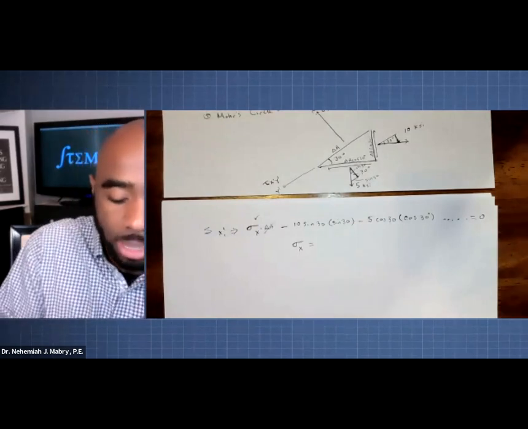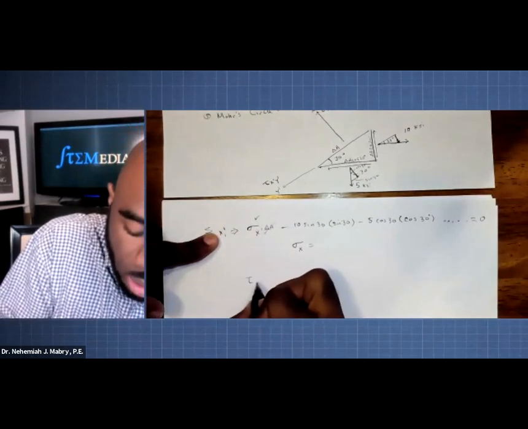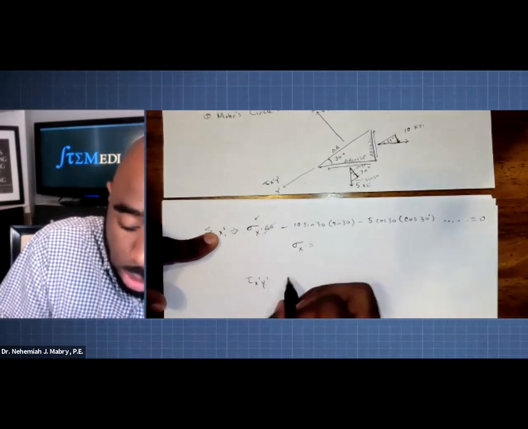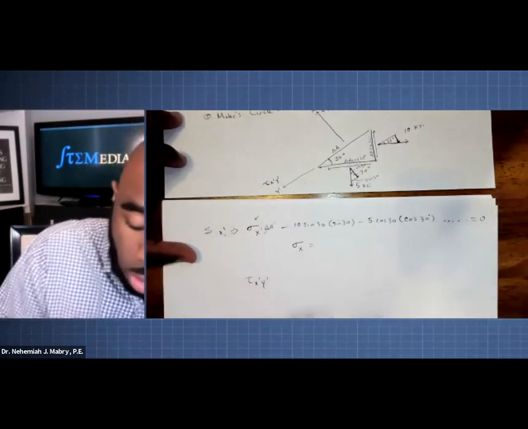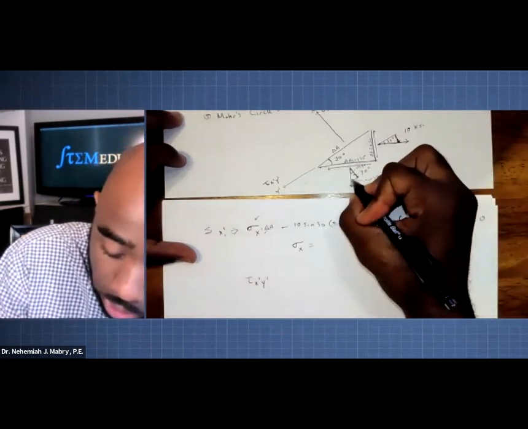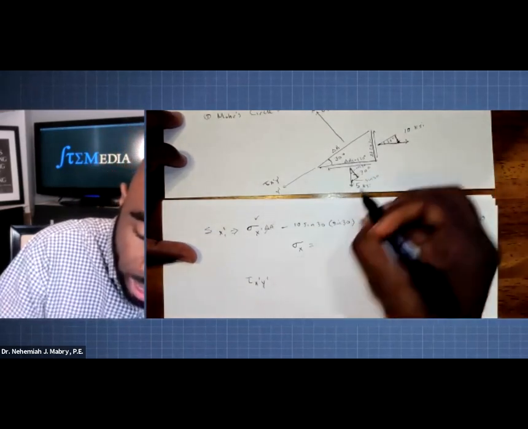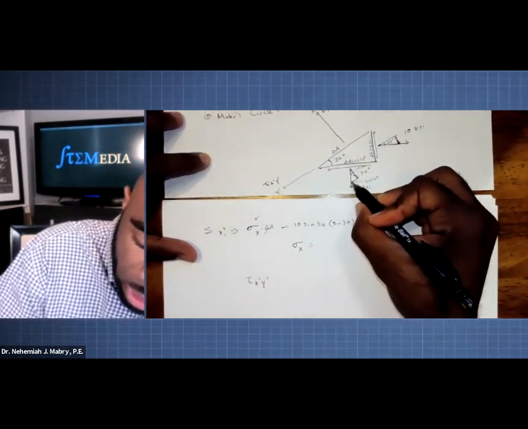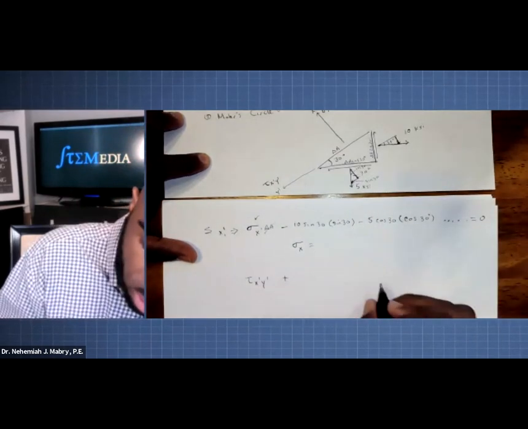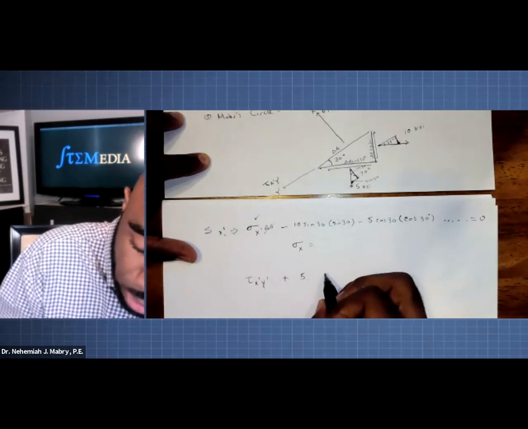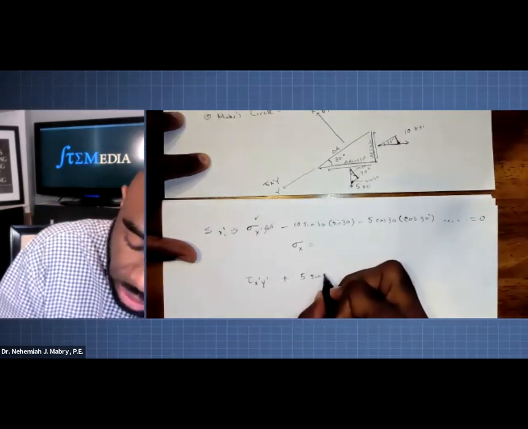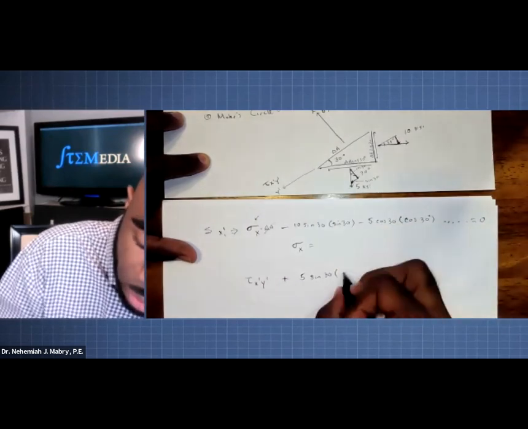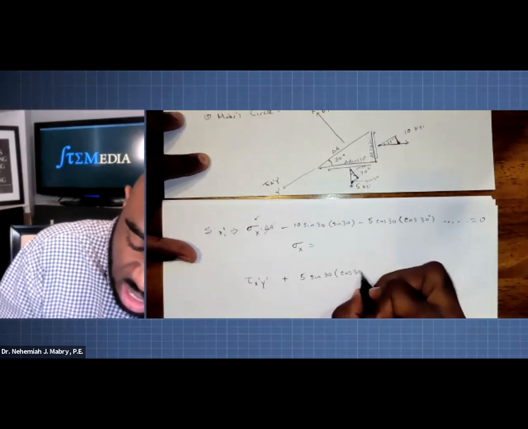Then you're going to do the exact same thing for tau X prime, Y prime. I'm going to do these same two terms here just to make sure we're all on the same page. The first term is that. The second one, let's come this way first. We're going to say a 5, and because it's going in this direction, it would be adding. So 5 KSI times the sine of 30 times that face, which is cosine of 30.